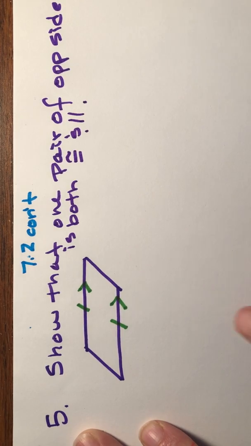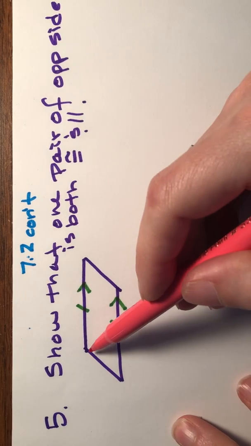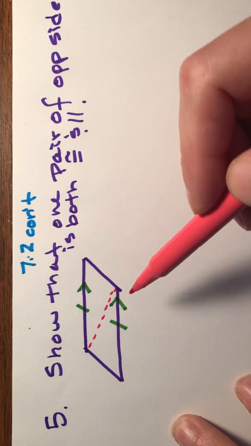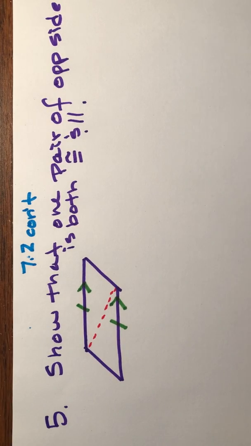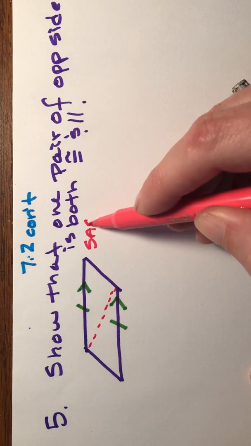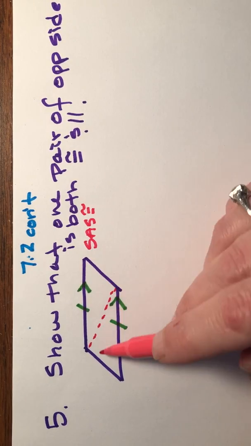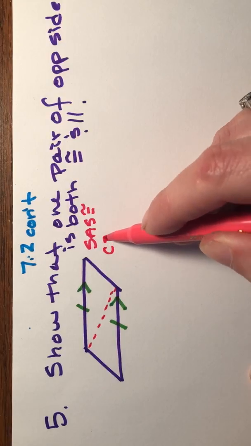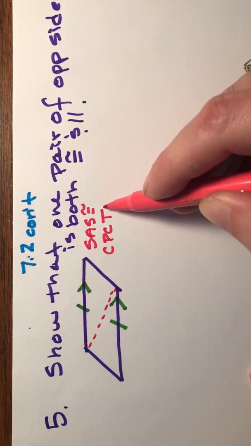The reason for that is that if we know that they're congruent and parallel, and we were to draw this diagonal here, we could use side angle side to show that those triangles were congruent, and then we could use CPCTC to show that the other sides were congruent, or that the angles were congruent, and therefore the sides were parallel.